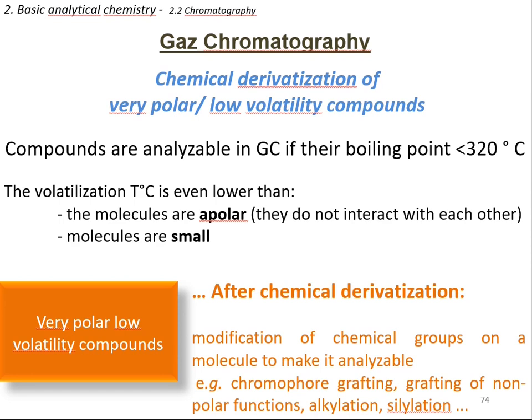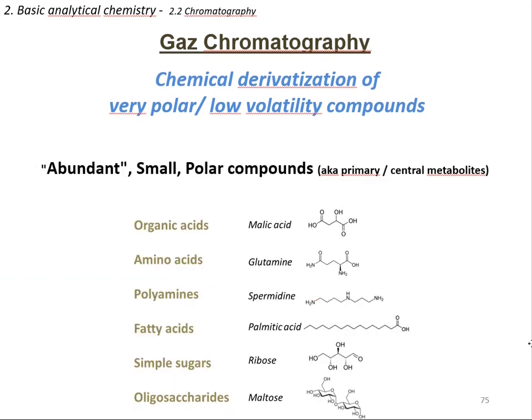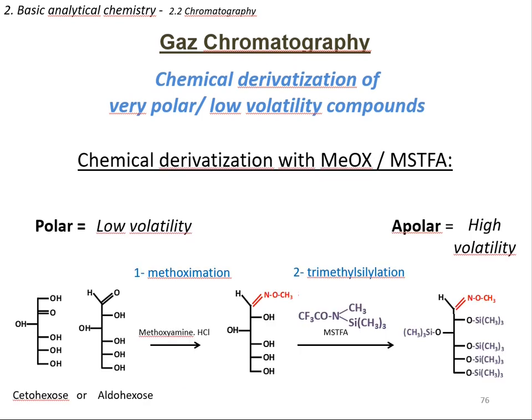It means that you will transform all the chemical functions with some polarity into chemical functions that are non-polar. So in GC-MS, you can analyze organic acids, amino acids, polyamines, fatty acids, simple sugars, and oligosaccharides by transforming them before analysis, before injecting.